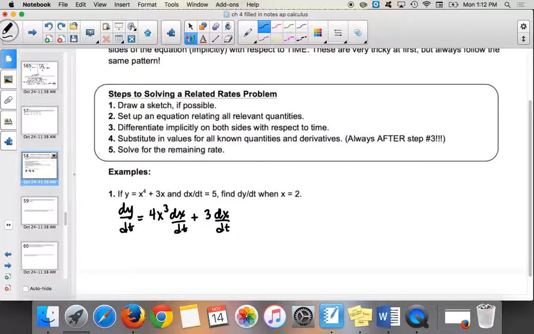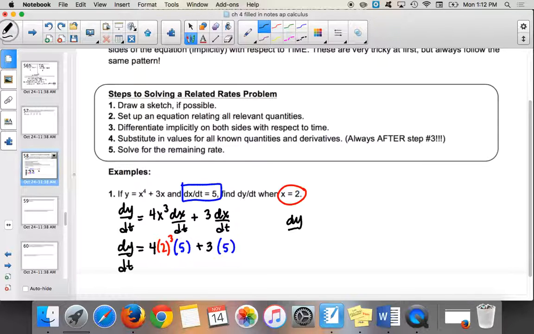Okay, and then it says certain things. It says that x changes with respect to time at a rate of 5. So we replace all the dx over dt's with 5. And then we replace the x with 2, so we're going to say 2 cubed. And then we're able to solve for dy over dt.